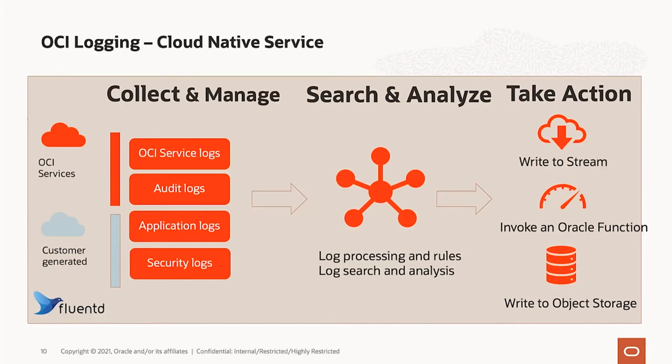So things like application logs, security logs. And then we can take these and we can search on them and we can analyze and we can even take action against them. So we might, for example, write them to a stream or invoke another function, depending on what's in the log, or just write them to object storage for posterity.